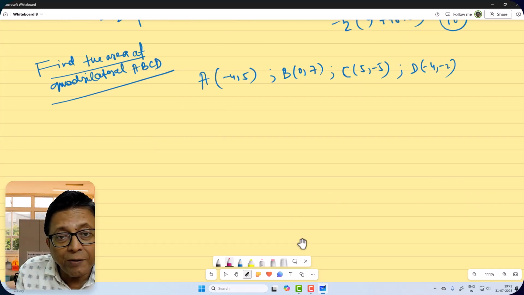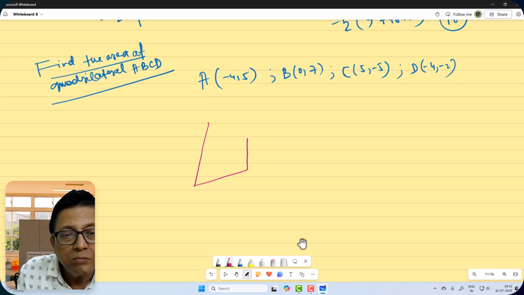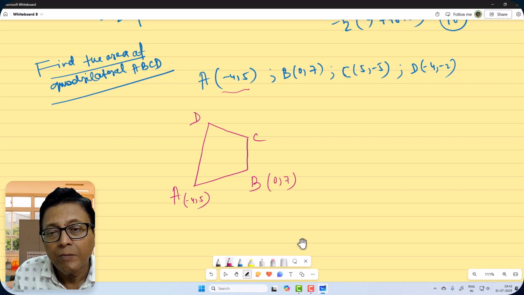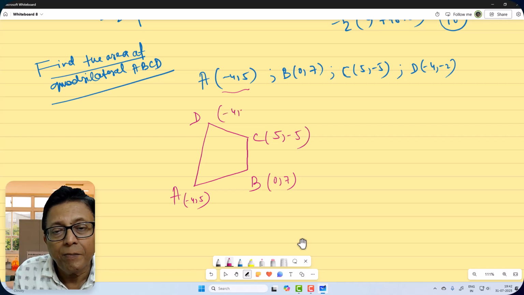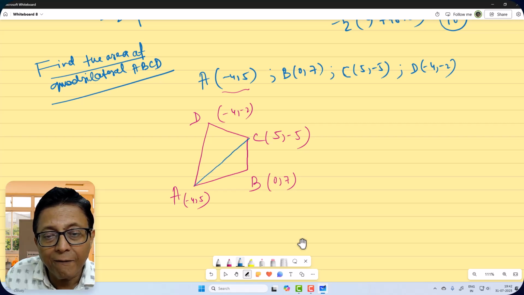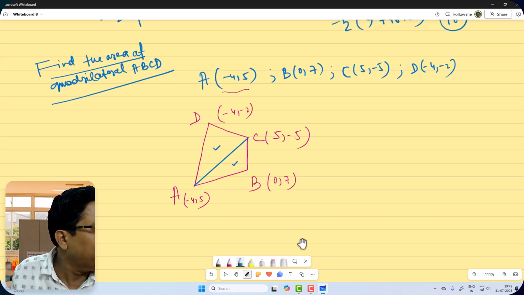So when you are going to find the area of the quadrilateral ABCD, whose 4 vertices are given in this manner, five minus 5, you just find area of ABC, area of ADC and add them up.